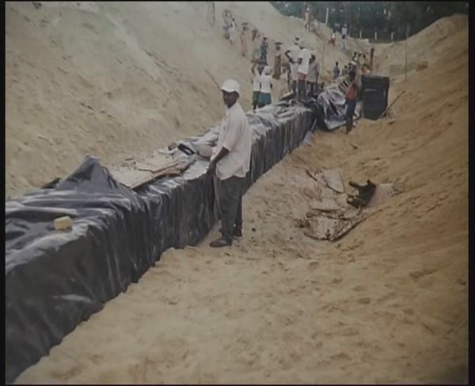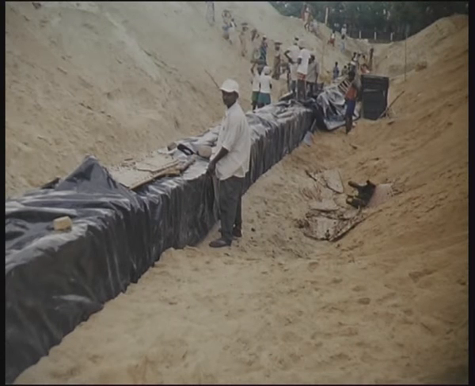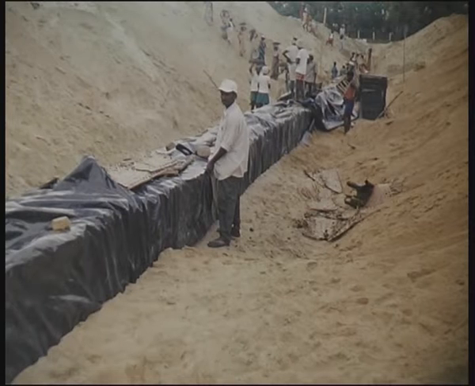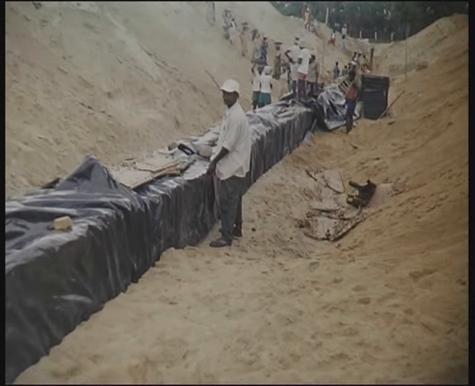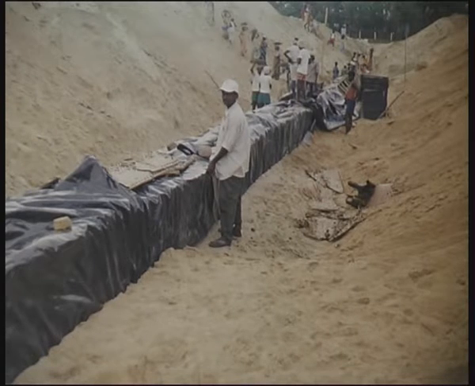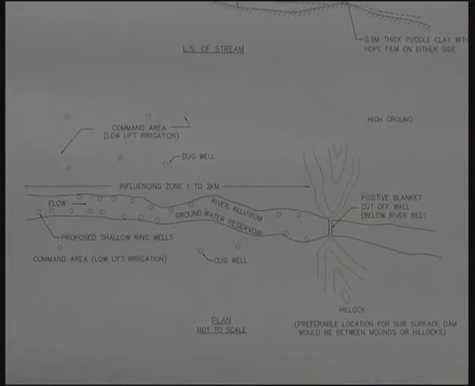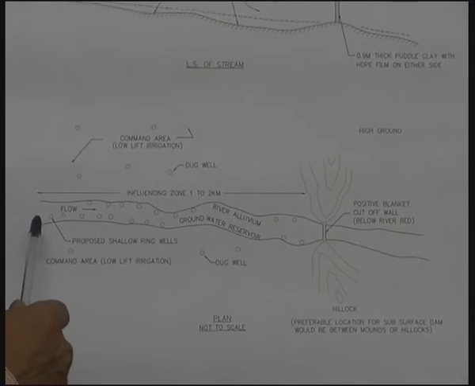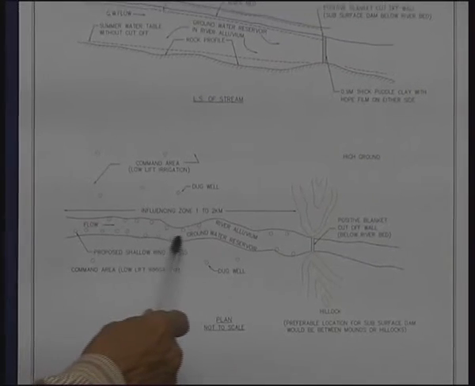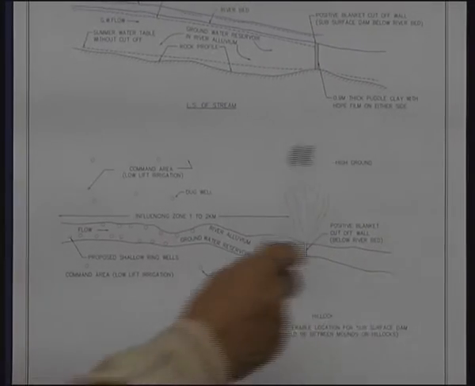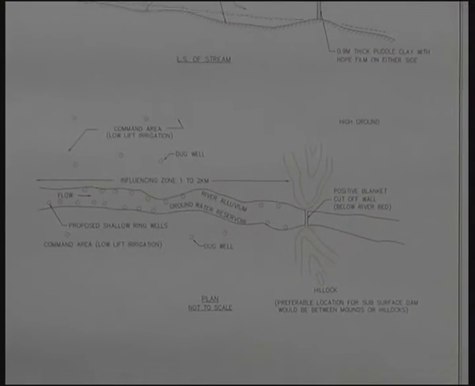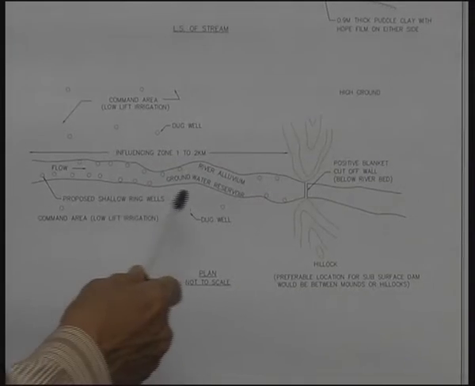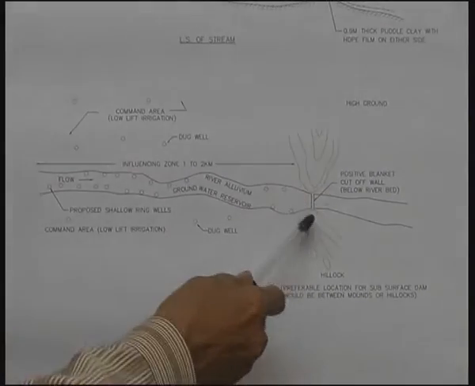The purpose of this is to see that groundwater flow in the subsoils and substrata is arrested by a positive blanket diaphragm. Let us now study the details of a subsurface dam. Supposing this is the stream course, that is the main stream in the watershed, and there are high grounds on either side.